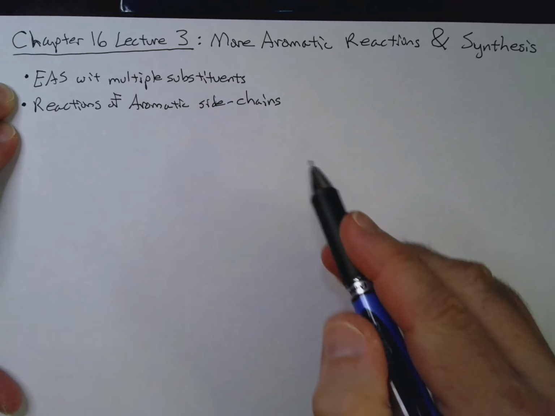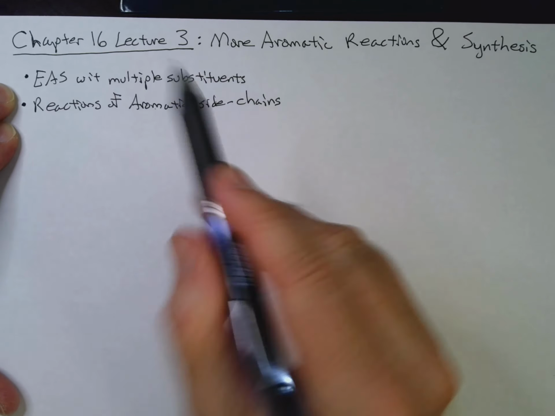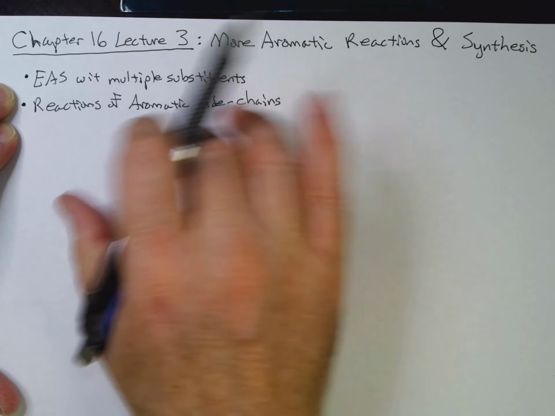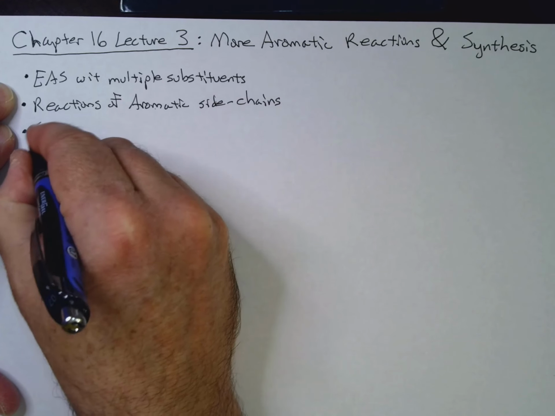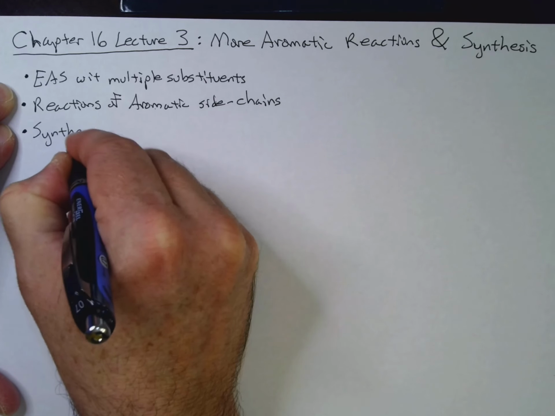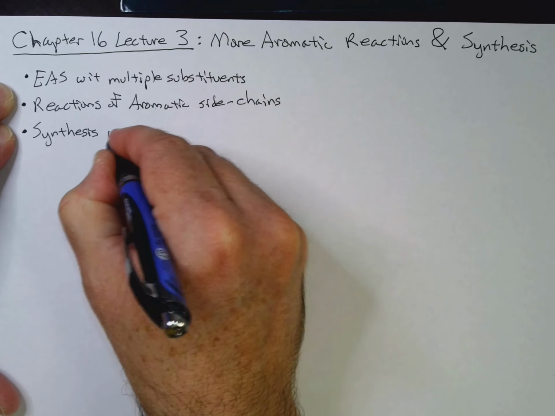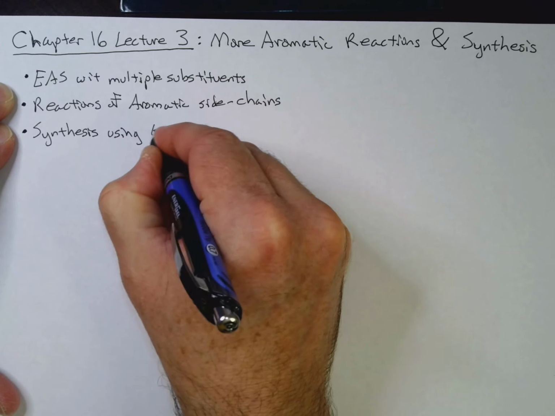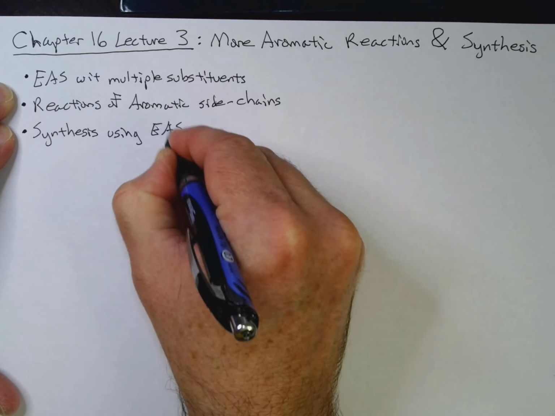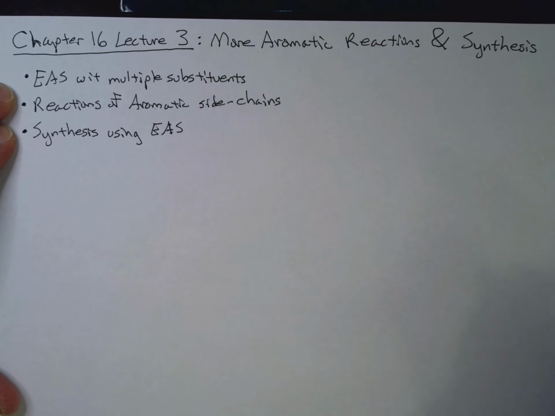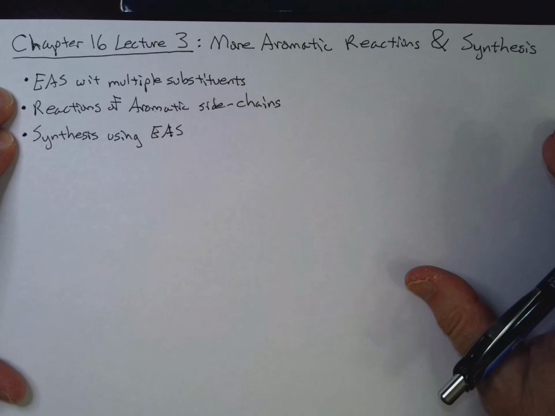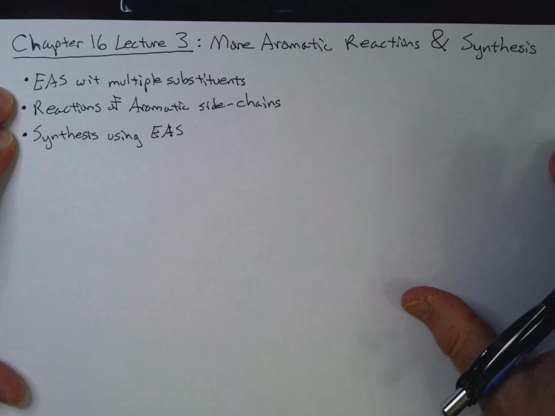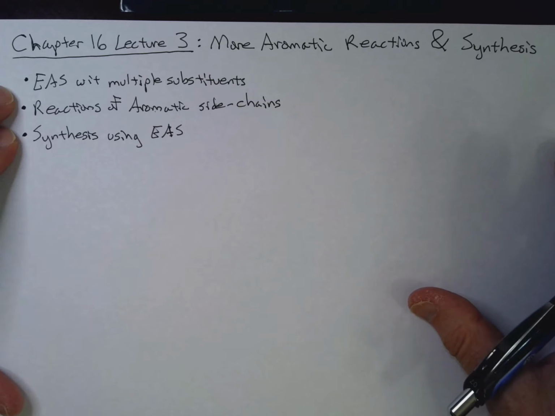And I should probably say that that's side chains of aromatic compounds, not that the side chains themselves are aromatic. And then we'll take a look at synthesis using electrophilic aromatic substitution. There is one more type of reaction, but I think I'll save that for a final lecture video.